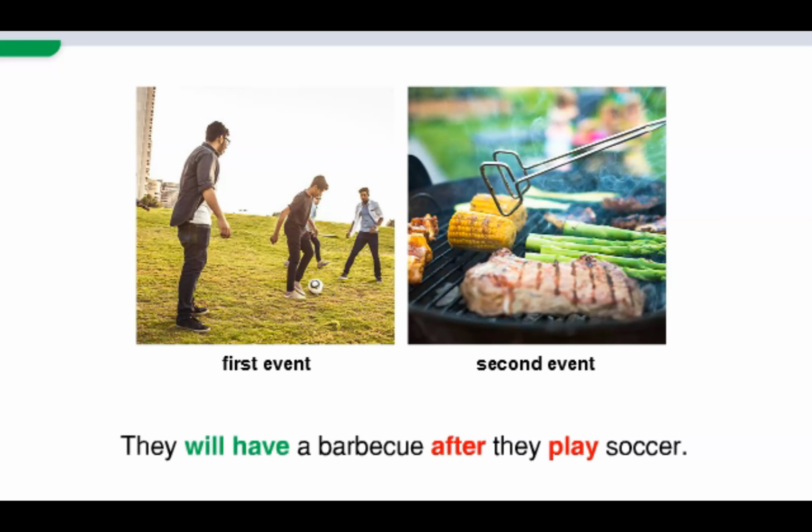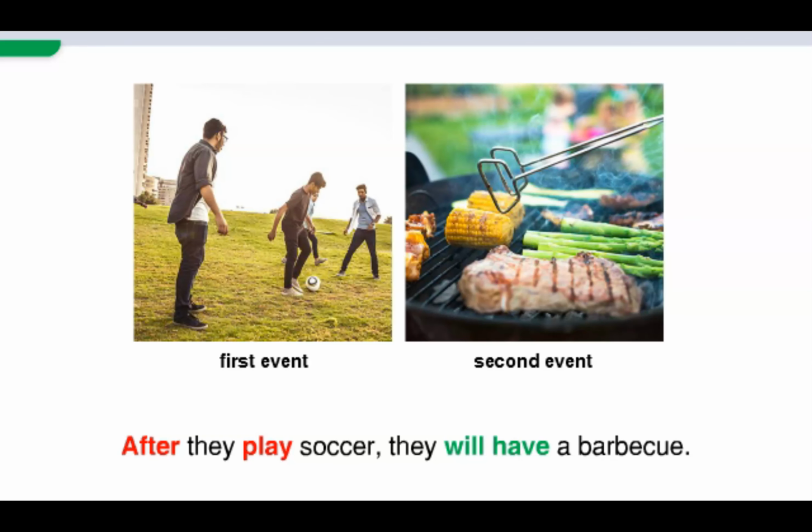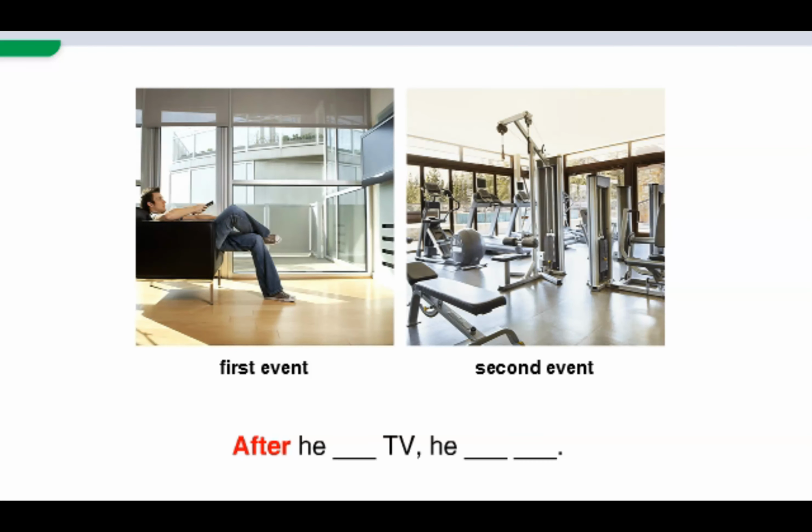They will have a barbecue after they play soccer. After they play soccer, they will have a barbecue. He will exercise after he watches TV. After he watches TV, he will exercise.